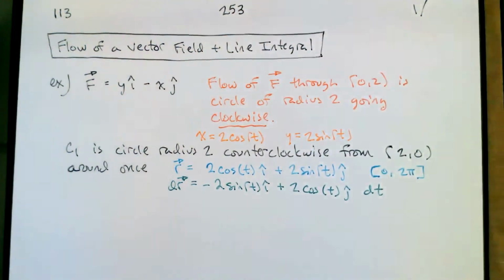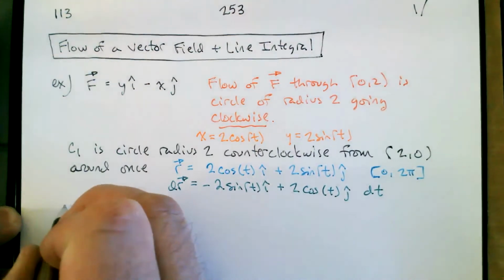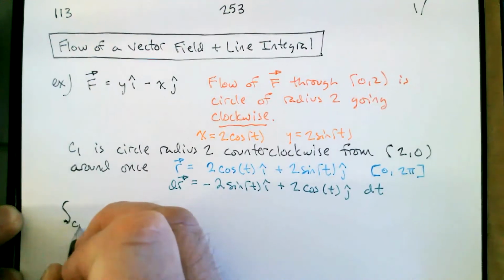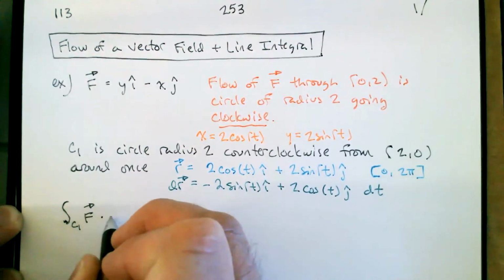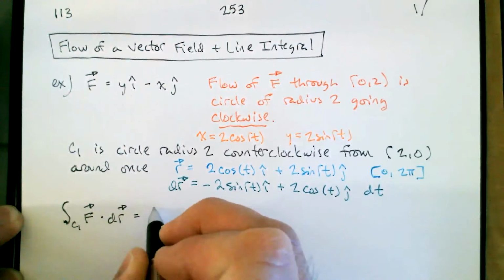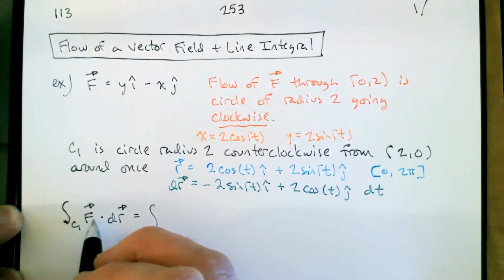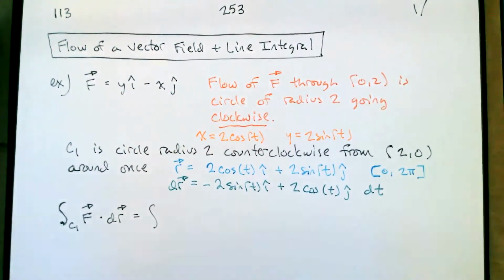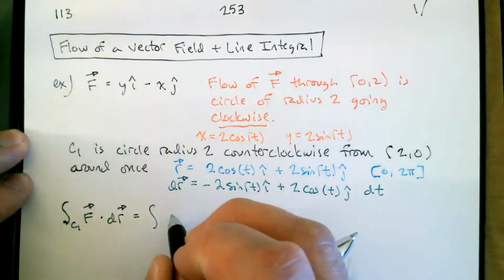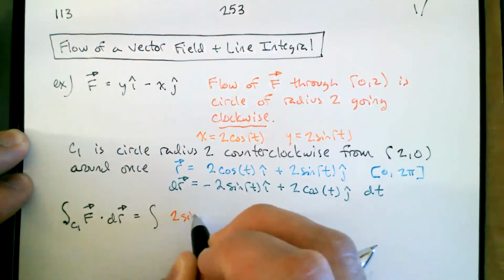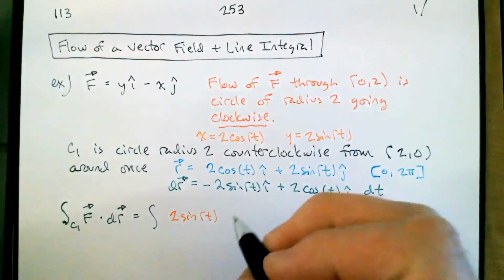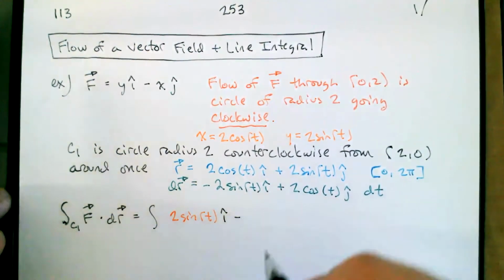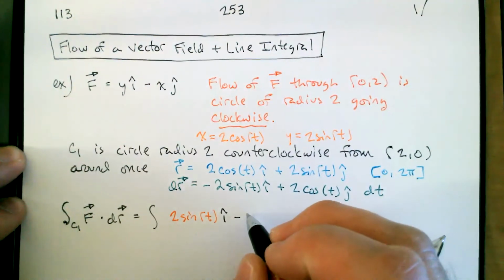So our line integral, we're going to evaluate the vector field at x and y. So I'll have 2 sine of t times i minus 2 cosine of t times j.